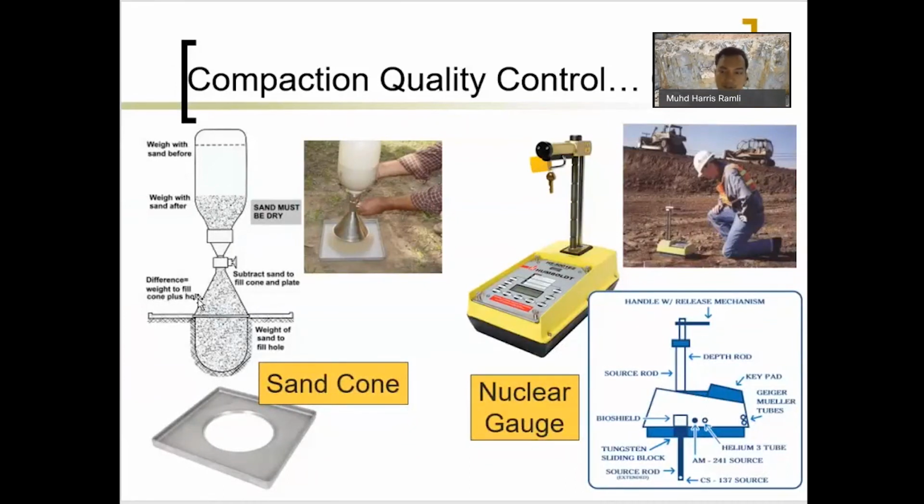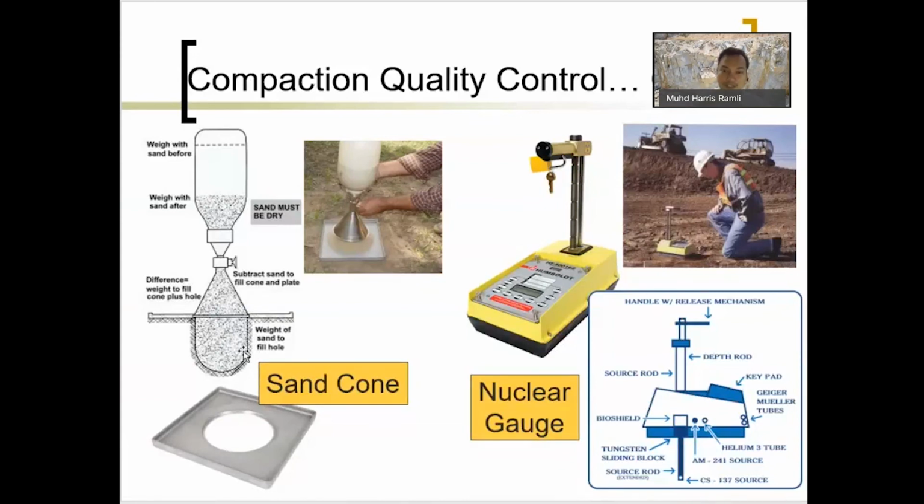The idea of the sand cone is that once you already have this amount of sand, you create a hole. This hole is based on a value that you already know. If you want to make a hole of, say, 15 centimeters, then based on that size, you already know the volume.